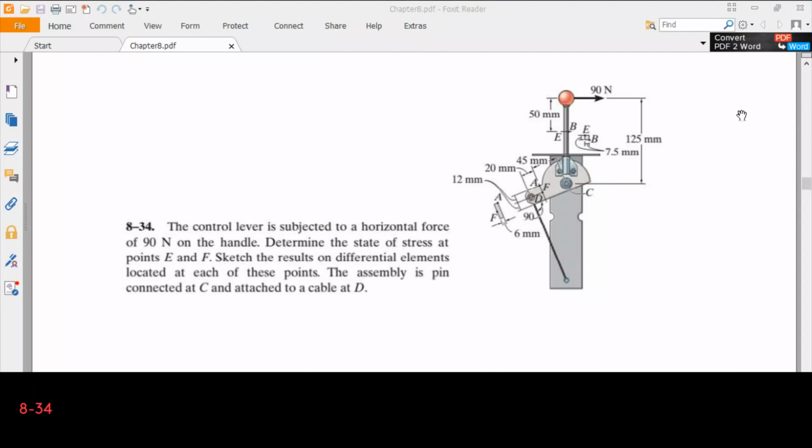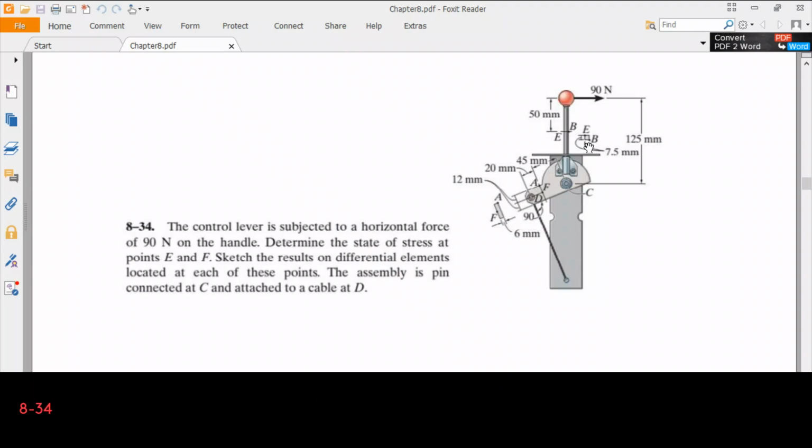Now if you look at this particular cross section, we see that it's a square cross section, and in fact we are asked for the shear stress at point E. Point E is just on the surface, and obviously we can say that the shear stress is 0 for this point. Therefore we don't need to calculate any; in fact Q value is 0 for this particular point, and as a result the shear stress is 0.